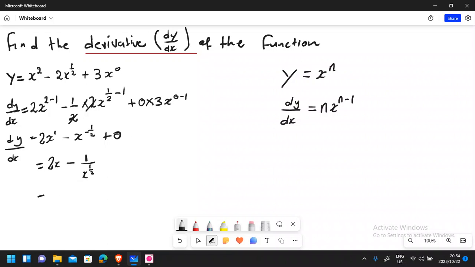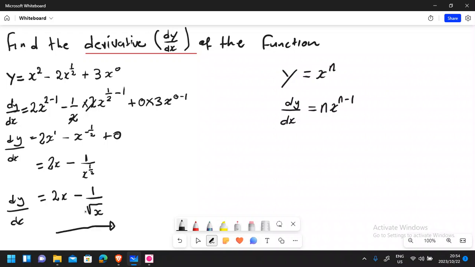If they say leave your answer in surd form, by the way, because they can tell you to do that, this is what you should write. It's going to be 1 over, exponent of half is the same as square root, so it's going to be 1 over root x. So that is your final answer.